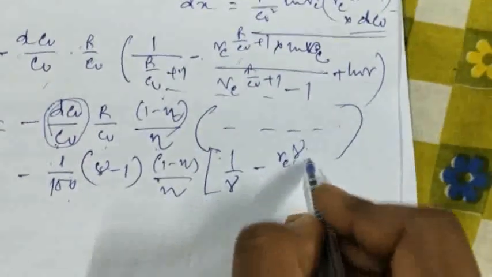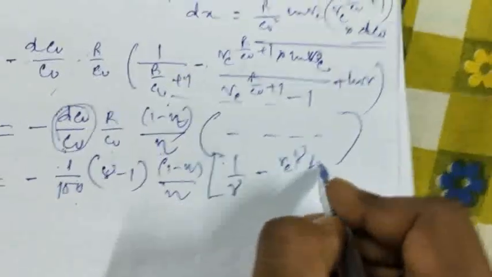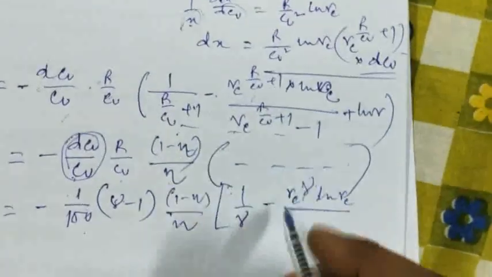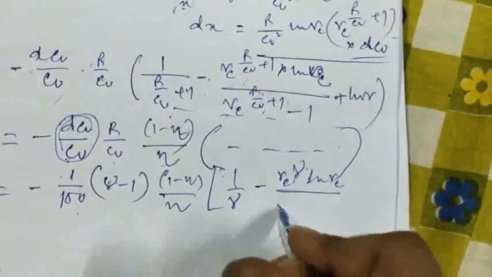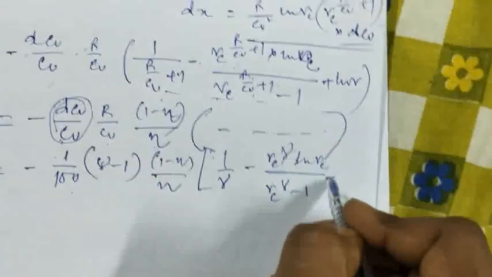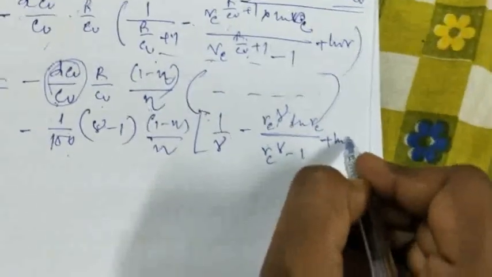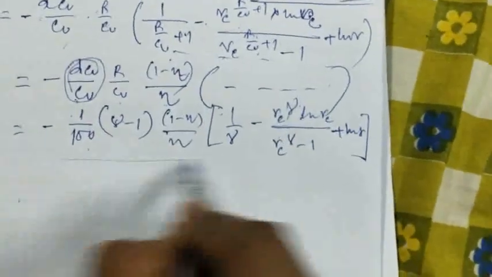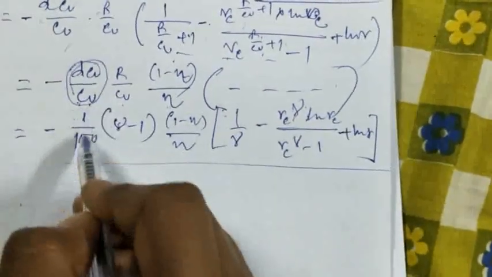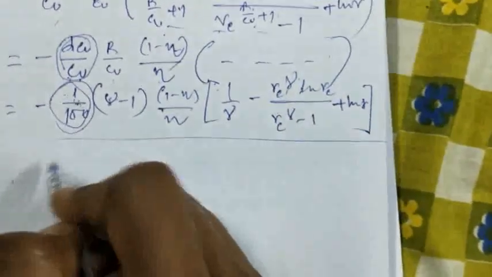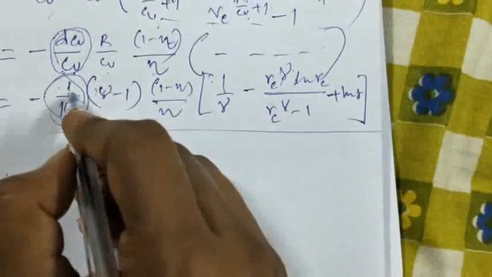This will be equal to gamma ln RC by RC to the power R by CV plus 1, which is again gamma, minus 1 plus ln R. This is our simplified equation. dCV by CV is 1 by 100, because it is changing 1%. It is increasing 1%.